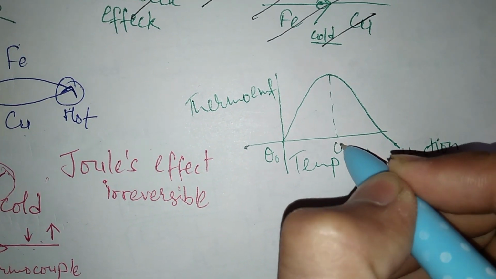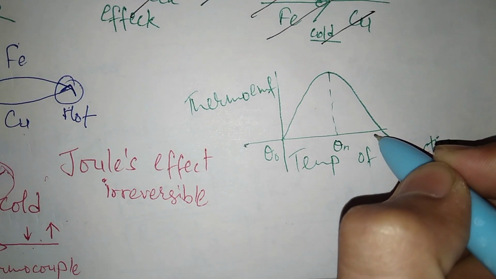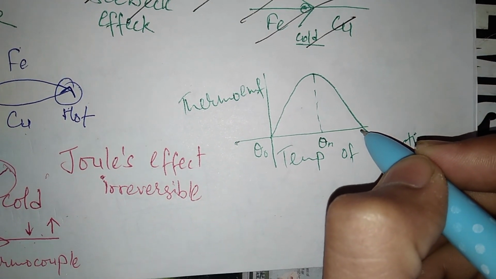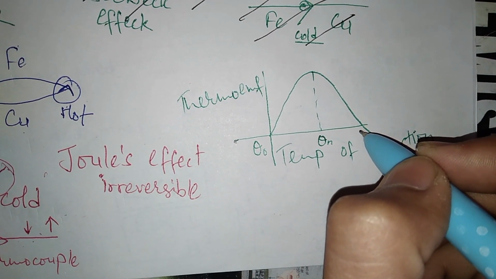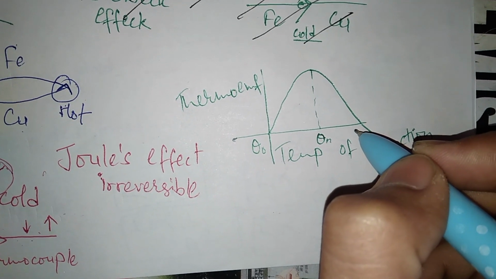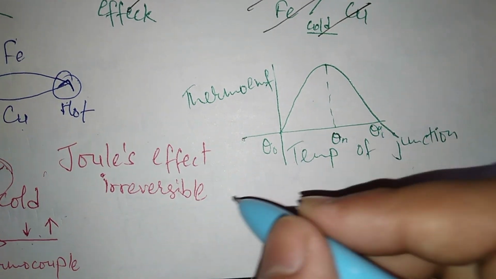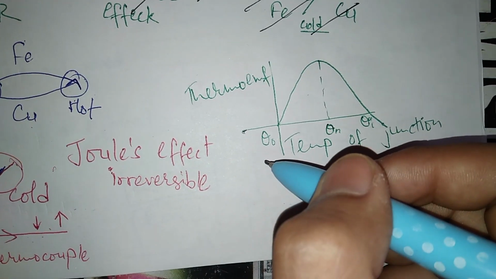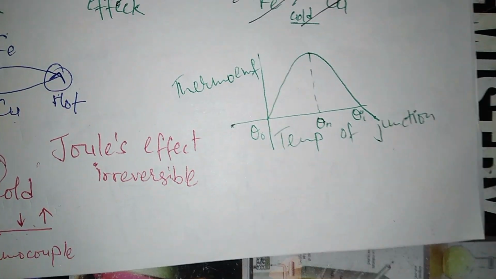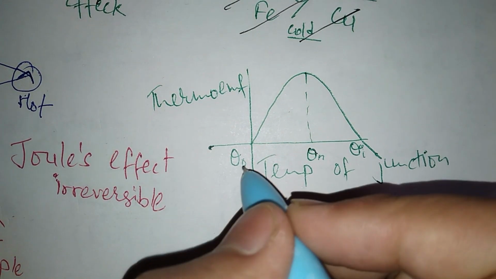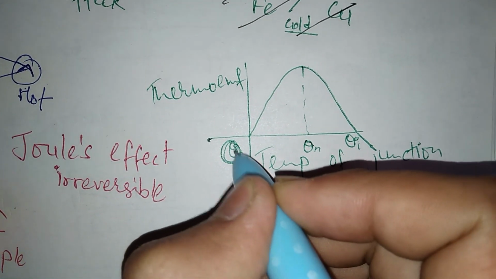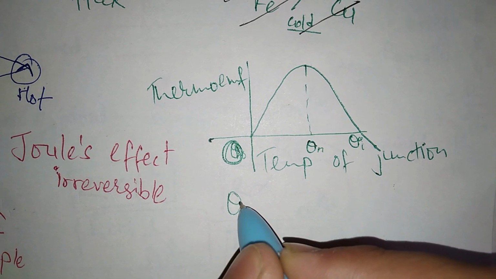This maximum point is theta n, and this is theta i. Theta 0 starts at 0 degrees centigrade.